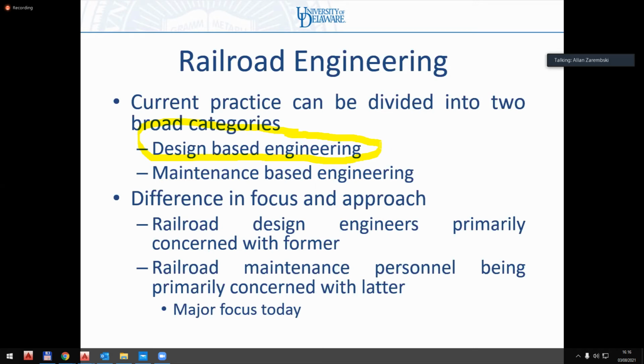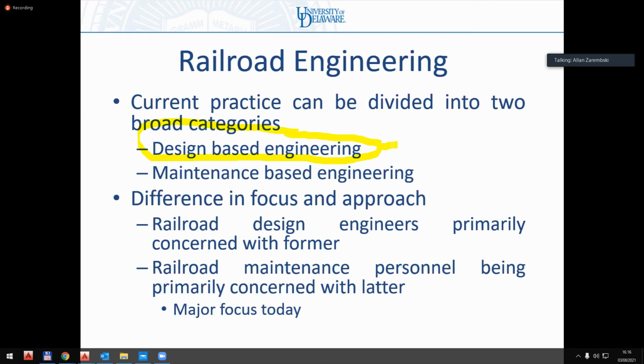When you're dealing with design engineering, you're dealing with what size rail, what kind of sleepers, what kind of ballast, what kind of sub-ballast, what kind of subgrade you have to work with. Do I need to put an extra layer of geomembrane or geocell or geogrid in there?